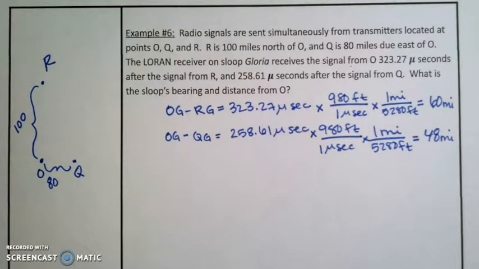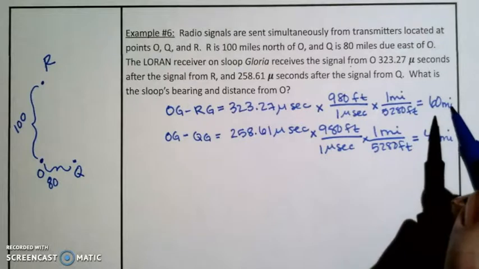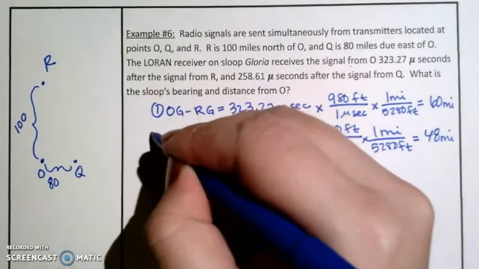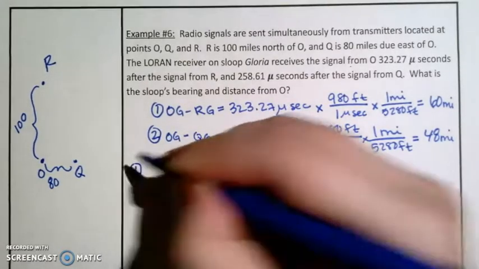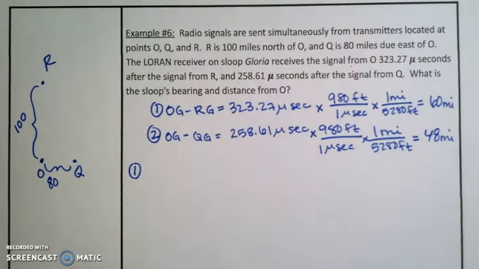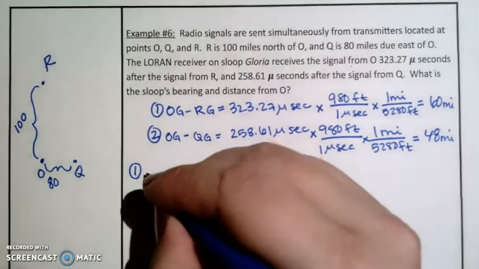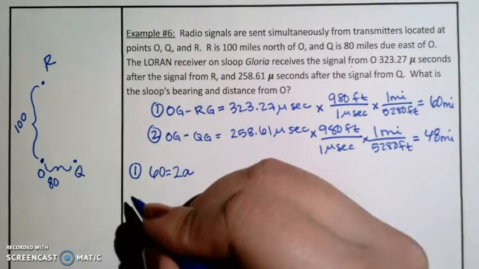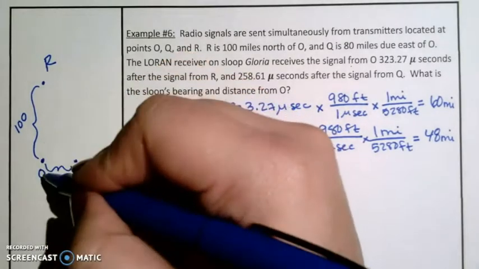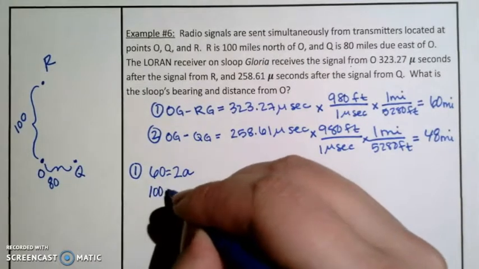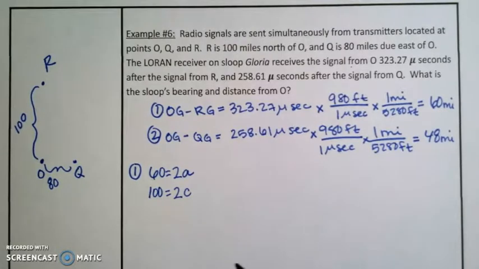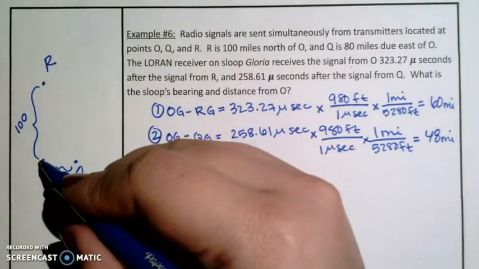So what this tells us is that this 60 miles is our major axis. Working with system 1, we're looking at a hyperbola where 60 equals 2a, and we know that the distance between O and R is 100, so that equals 2c.